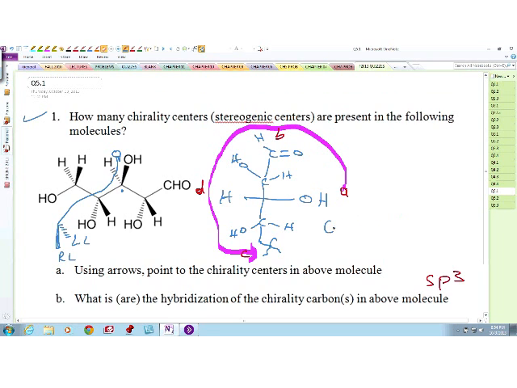Counterclockwise. Which ordinarily would be an S, but because the group of lowest priority is coming at us, which is D, this group right here, hydrogen, we have to switch. So it's actually R. Okay, so therefore this is R.